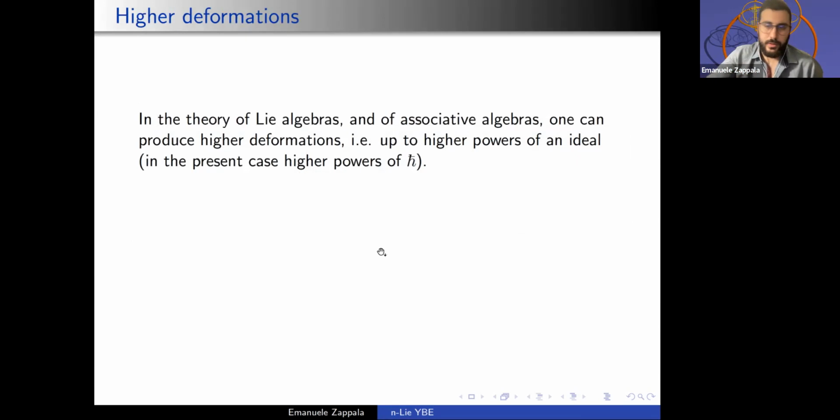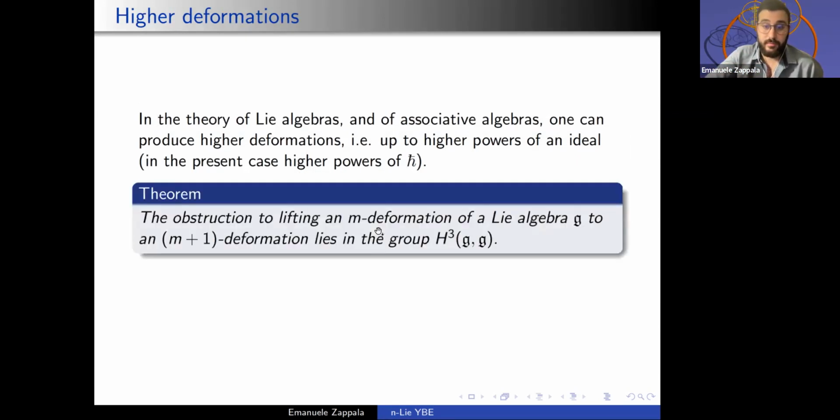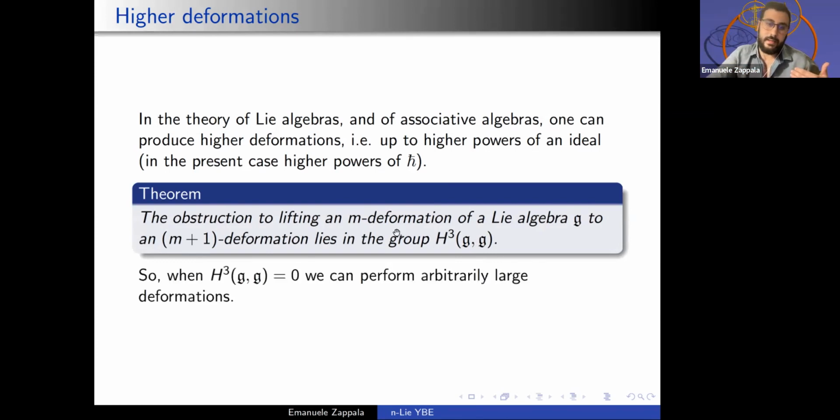So you can wonder about higher deformation. This was the infinitesimal case. For the Lie algebra, it is very well known that the higher deformations are controlled by the third cohomology group. So if this vanishes, you can deform the Lie algebra as much as you want. And in fact, one of the obstructions is the Massey bracket. For instance, in a discussion with Jim Stasheff a while ago, he was asking me what happens in this case.